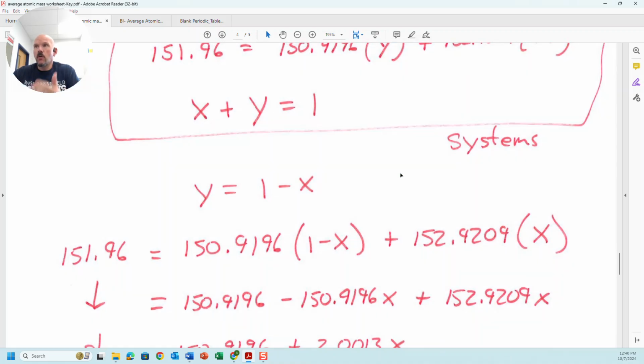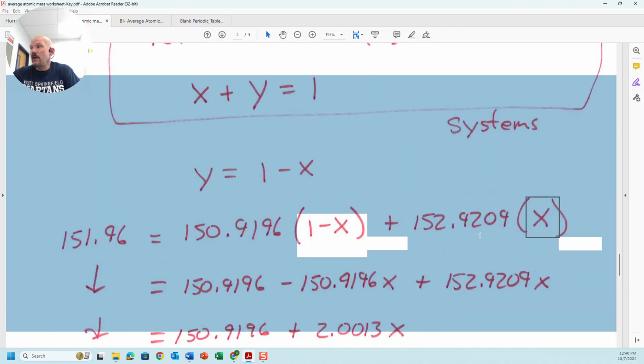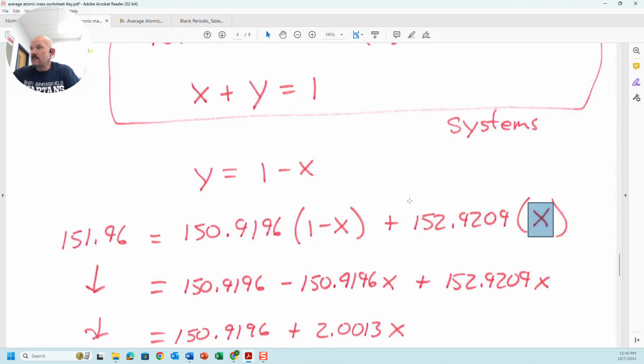So anytime you're given a question where they give you the masses of each isotope and the average atomic mass, and you're asked to find the percent abundance, make one of the unknowns 1 minus X and make the other one X. Now, if you make mistakes mathematically when you're doing stuff with negative numbers, then make the heavier isotope X and make the lighter isotope 1 minus X. But it really doesn't matter which one you call X and which one you call 1 minus X, just as long as you understand that in this scenario, I'm calling X the percent abundance for this isotope.